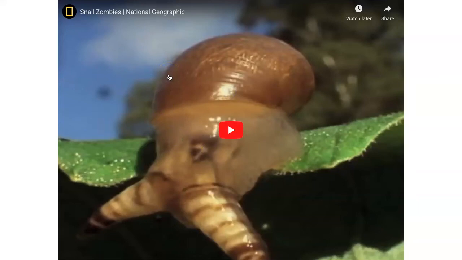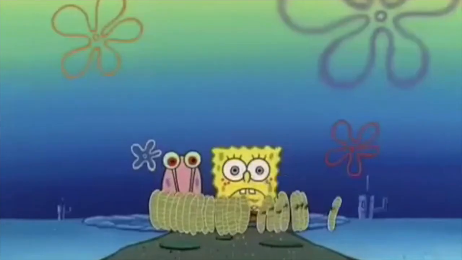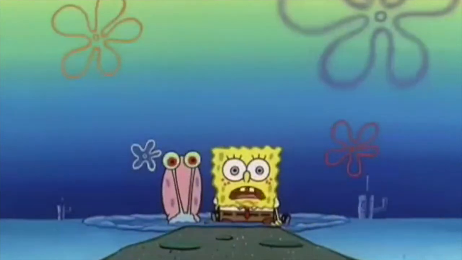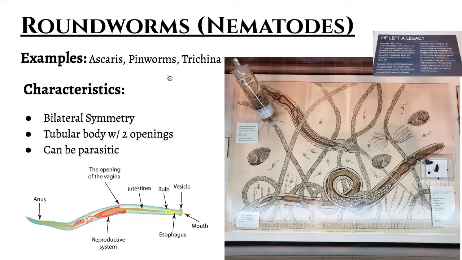And so that leaves us with our final invertebrate that we're going to be talking about today. Oh, nematodes. I'm sure you guys have heard the term nematode before. If not, I know you've probably seen it in SpongeBob or something. But they're not always like the little worms that you see in SpongeBob.